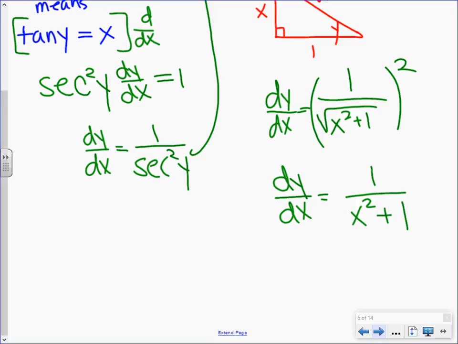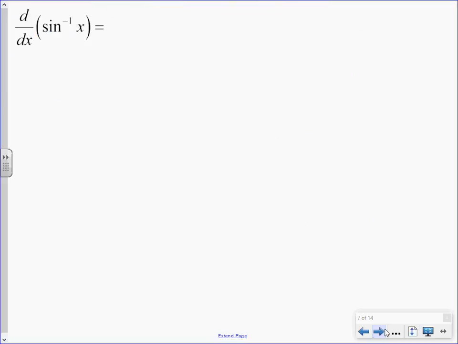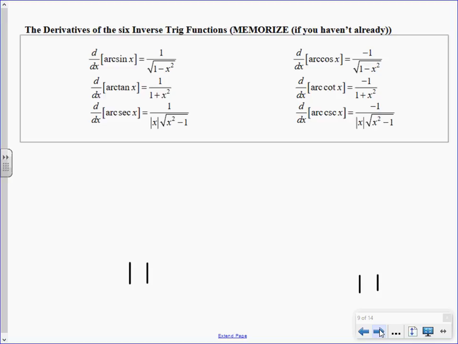So you've already come over here to, oh, I've written it in for you. I forgot that. Inverse tangent derivative is 1 over 1 plus x squared. I'm going to give you a moment for you to write these down on your note sheet.